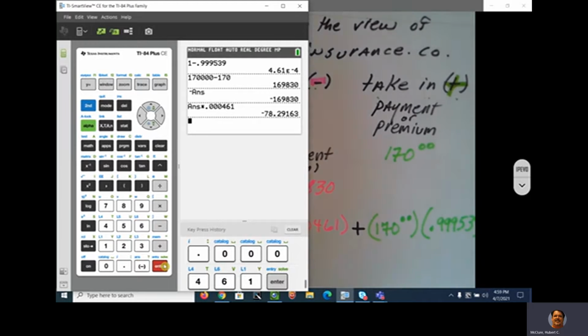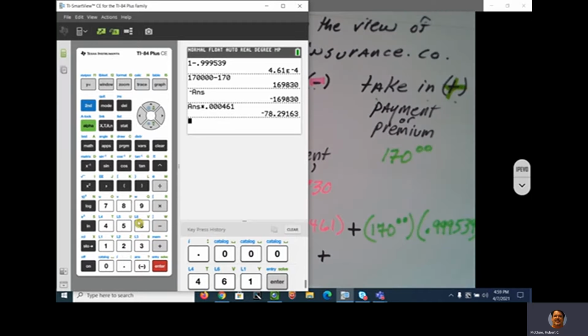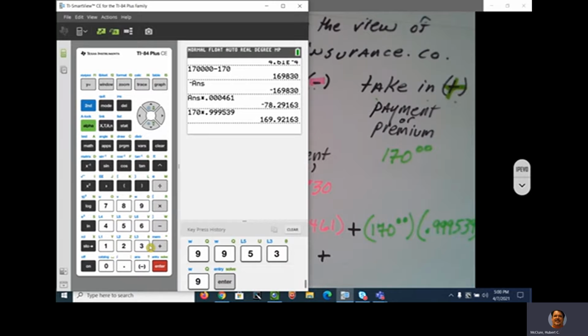Plus, and let's do 170 times 0.999539, and that is 169, that's green, 169.92.